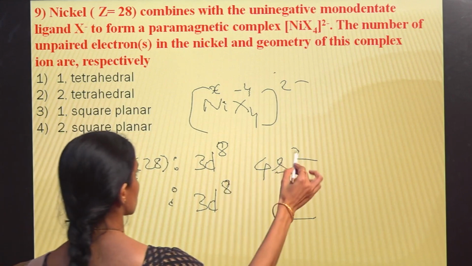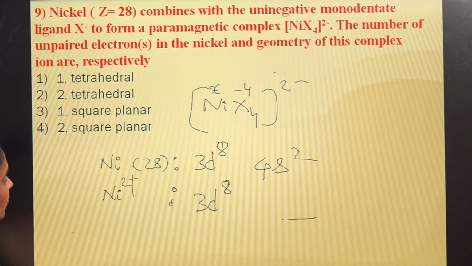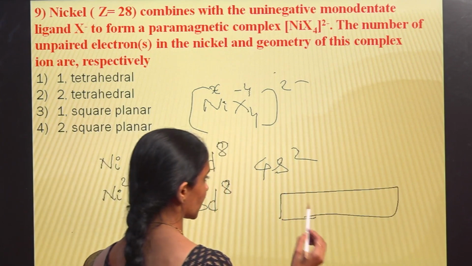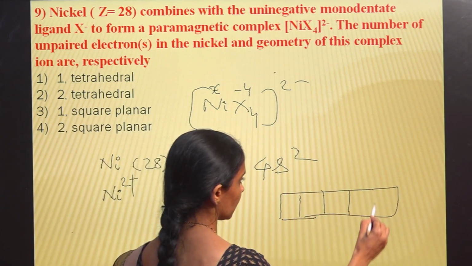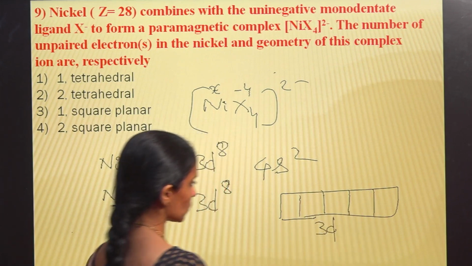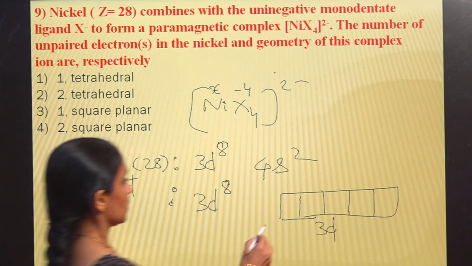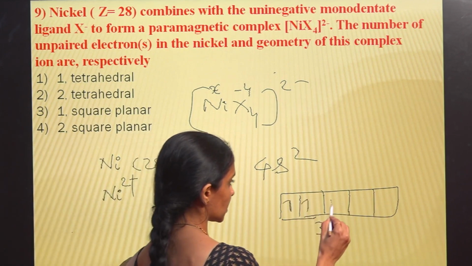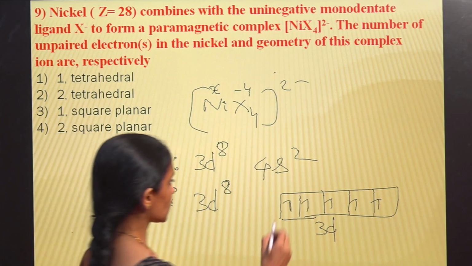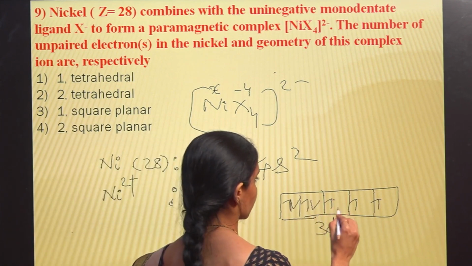These 2 electrons will be gone, so 3d8. Now, how do you write the box diagram for this configuration? I'll take 5 d orbitals. Okay, which d orbitals are those? They are 3d. First, I'll give single electrons. Now, 3 more electrons are there that I'll pair.